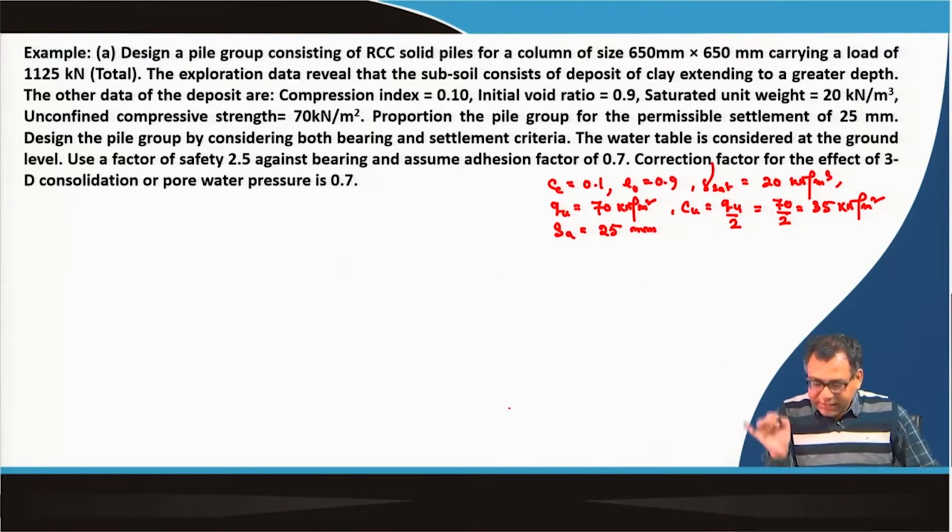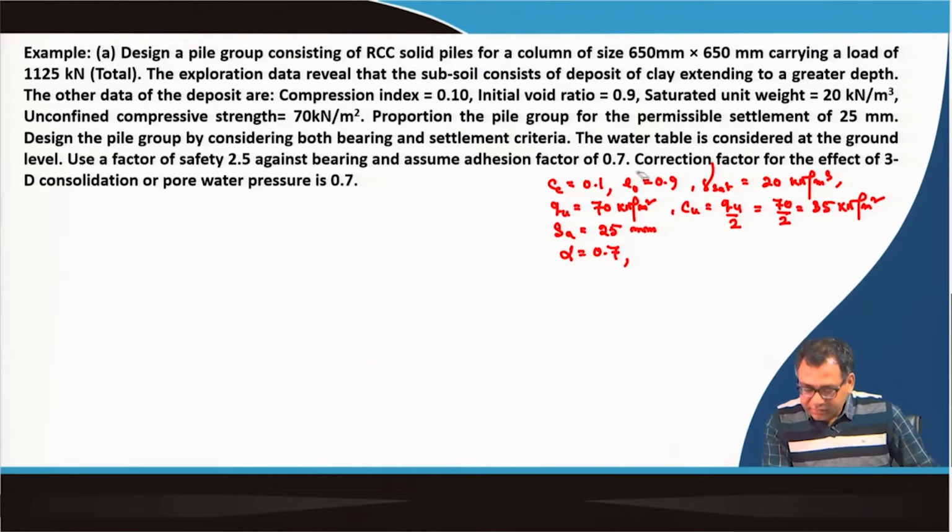The water table is at the ground surface, factor of safety is 2.5, alpha value is taken as 0.7, and the correction factor for the effect of 3D consolidation or pore water pressure is 0.7.